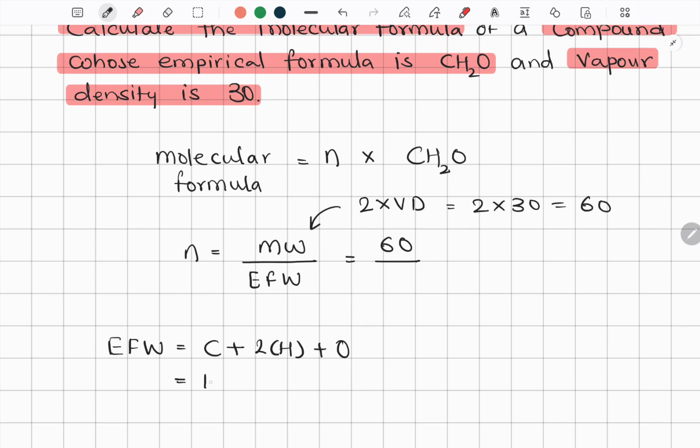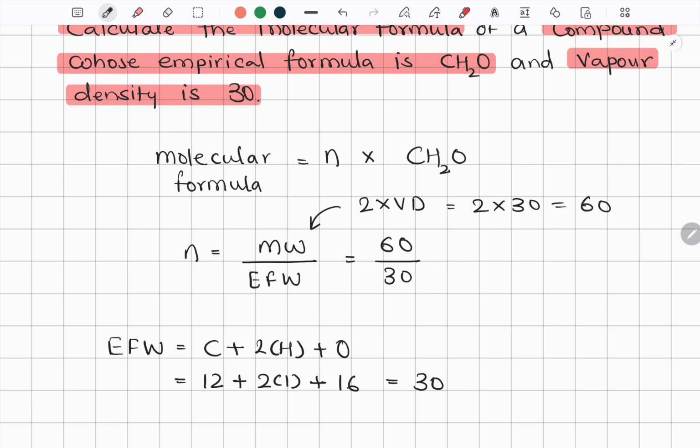What is the atomic weight of carbon? 12. What is the atomic weight of hydrogen? 1. What is the atomic weight of oxygen? 16. So when you add all of these, you get the answer is equal to 30. 12 plus 16 is 28 plus 2 becomes 30.